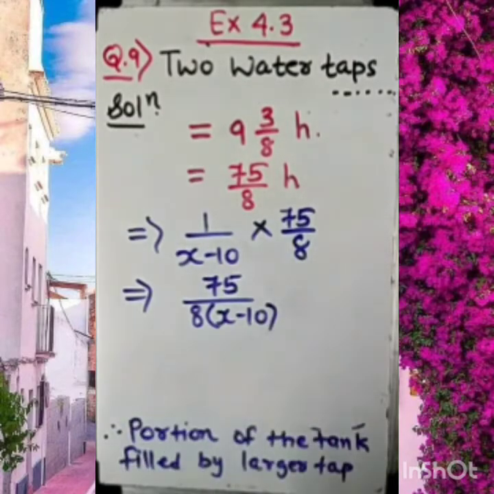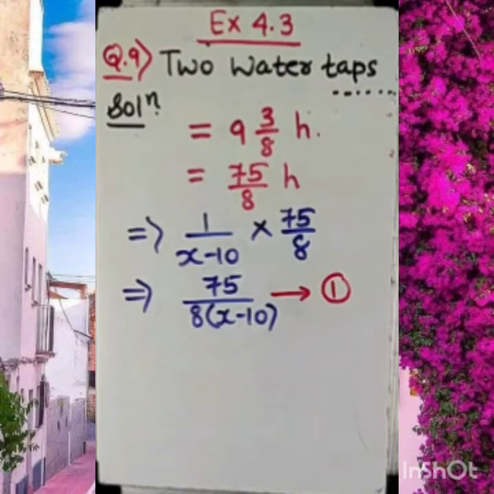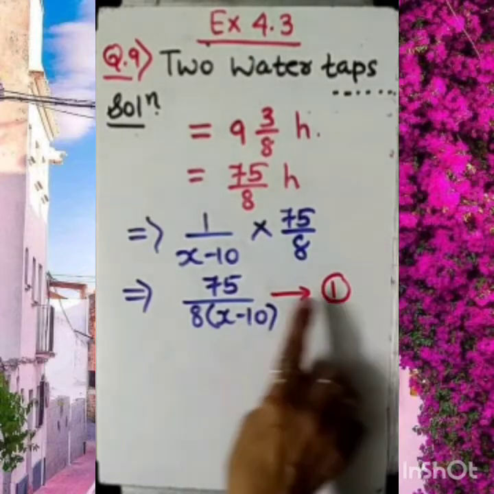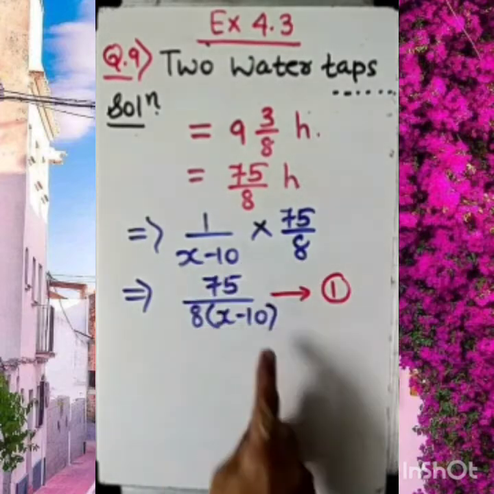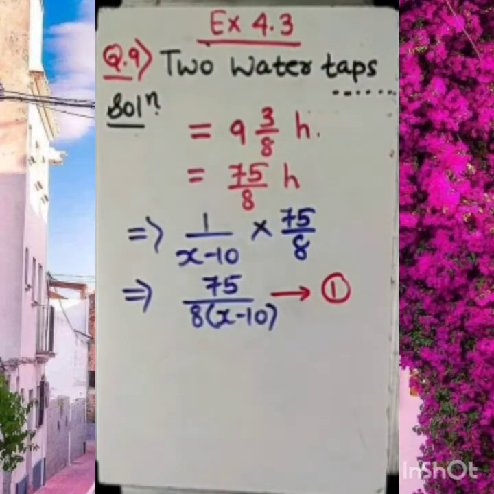Now we need to find for the smaller tape also. So dear student, I am considering this as result number 1, after the product of 75 by 8 into X minus 10. This is for the larger tape. Now the same procedure we are going to apply for the smaller tape.